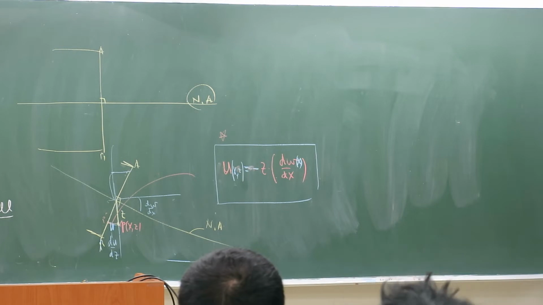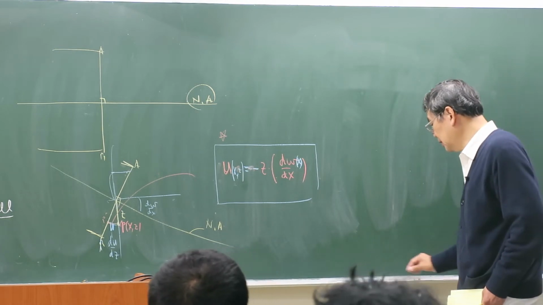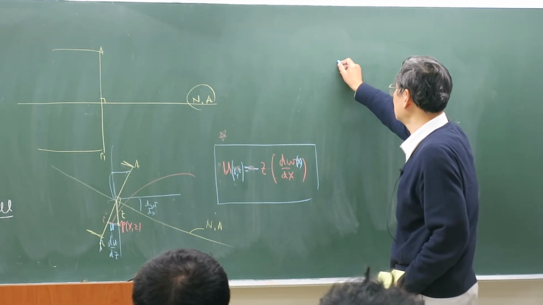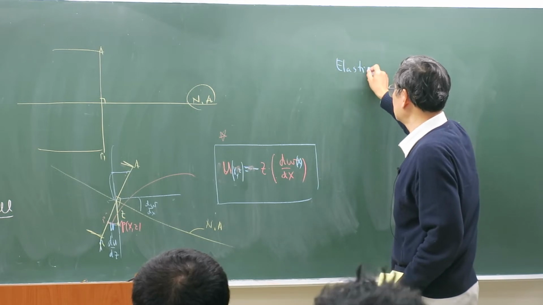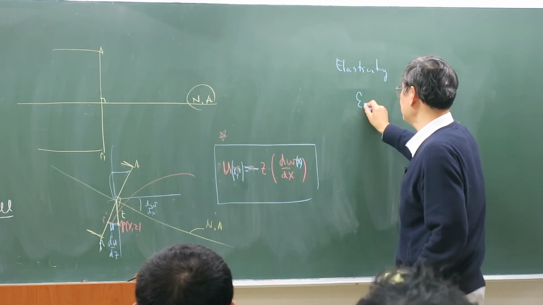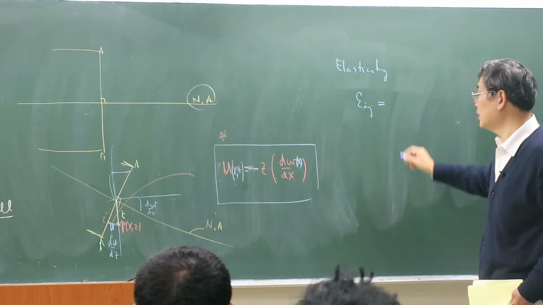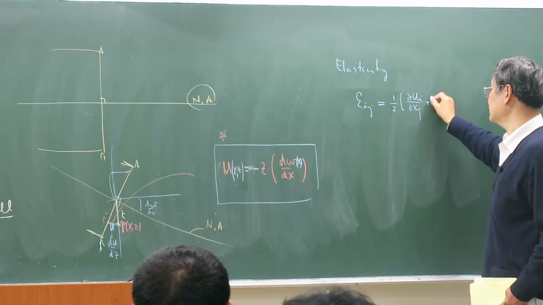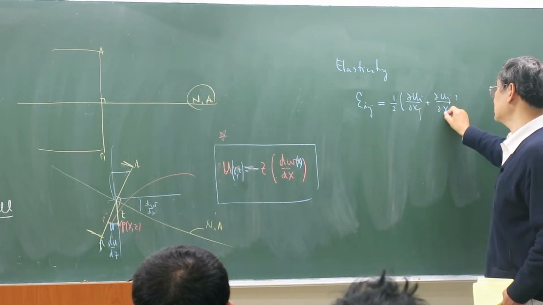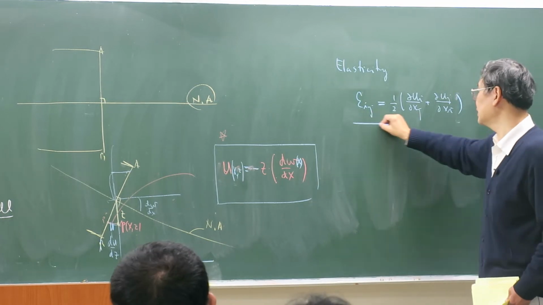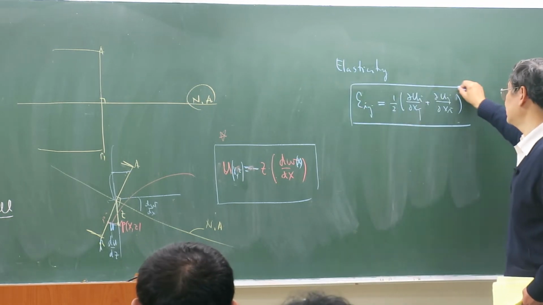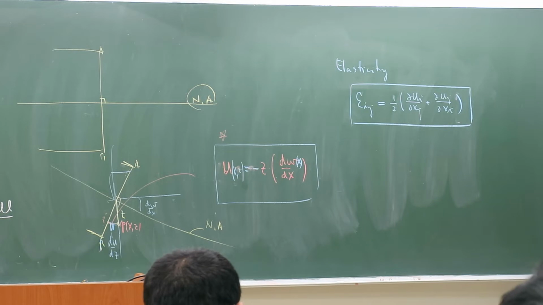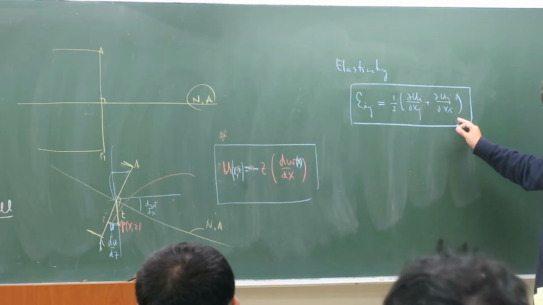And we also know from elasticity, the strain tensor epsilon_ij is half of partial u_i partial x_j plus partial u_j partial x_i. I didn't prove this for you, but you take it as known, right?